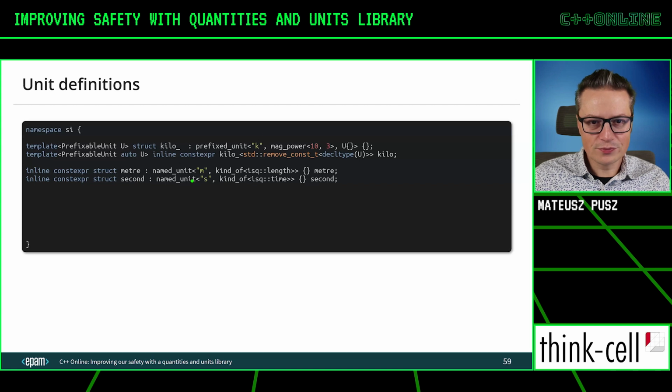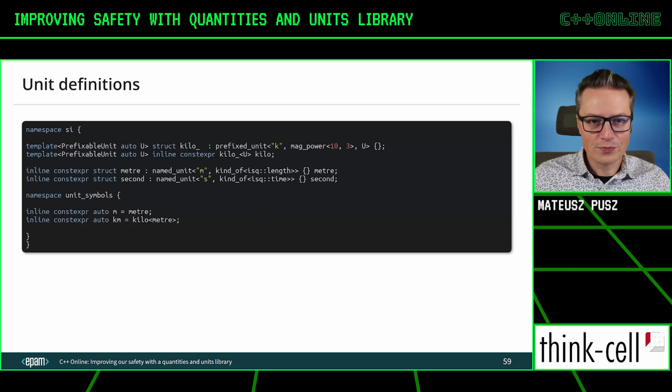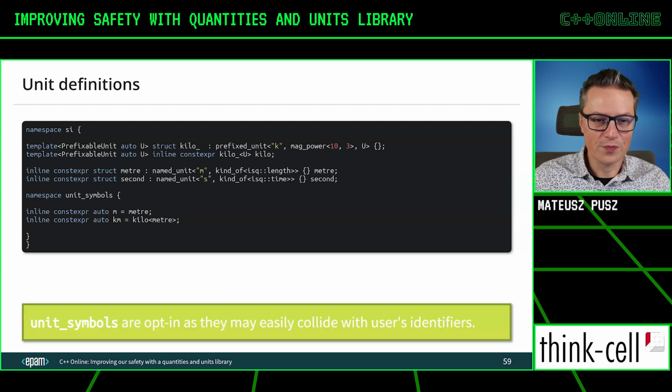And then we have meter, second being the units of length and time. And some symbols, meter, kilometer, to be able to use those units in a more user-friendly way. This is how we encode units in this library.